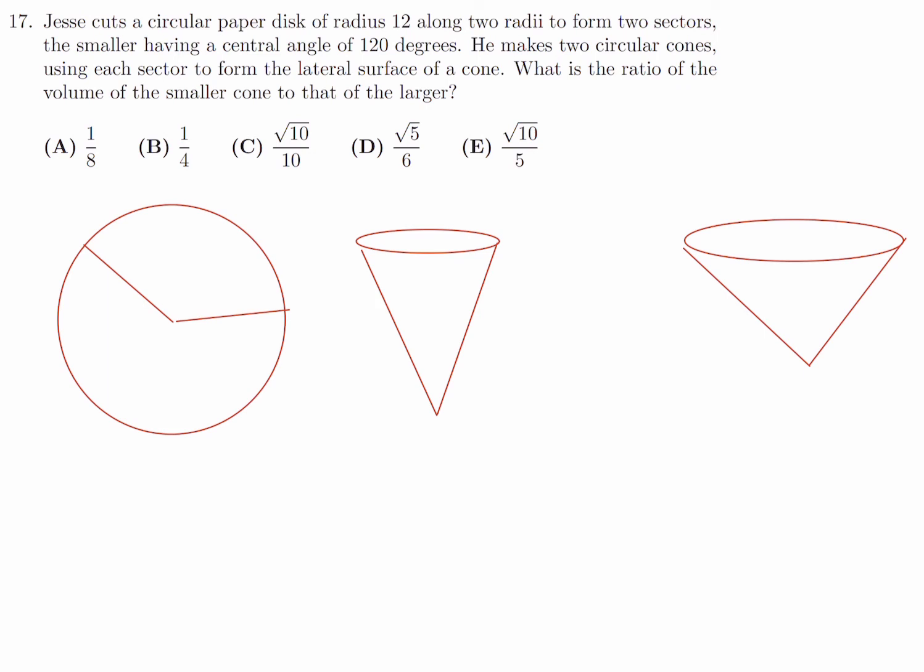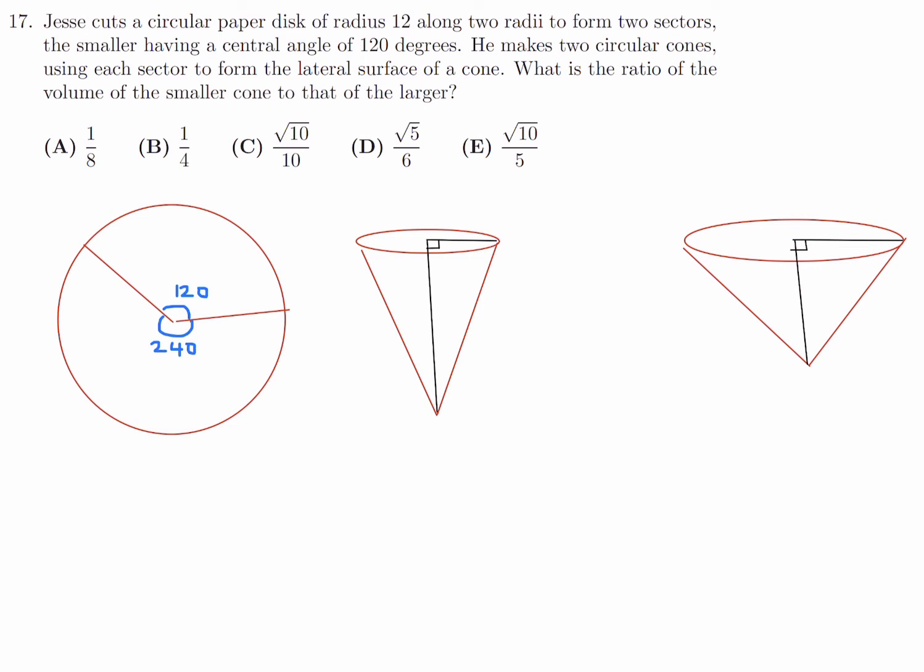Okay, so here we go. First thing I'm going to do is draw a center to that top circular area and then a line to the bottom, and the same thing on the other one. Now, this was 120, and therefore the other one, it's got to be 240. The angle.